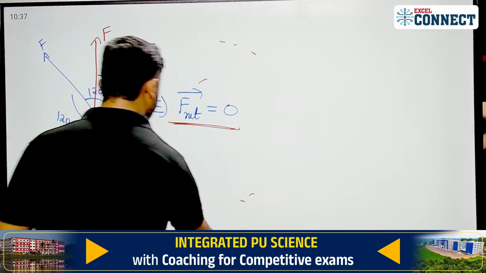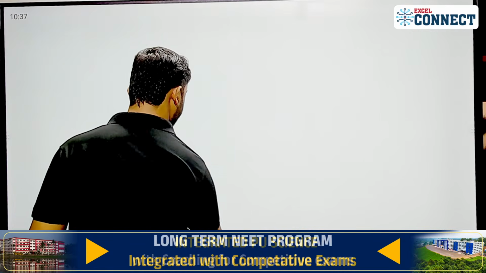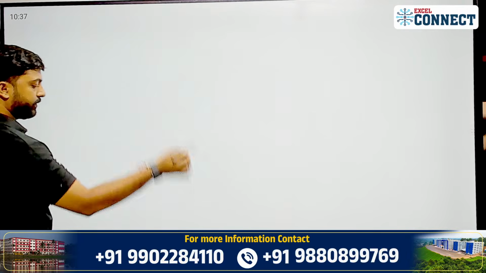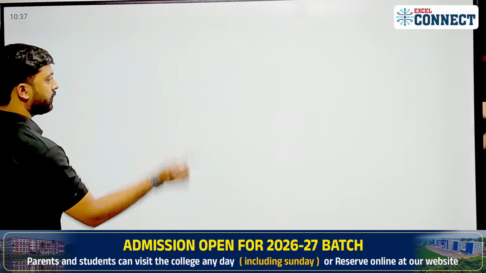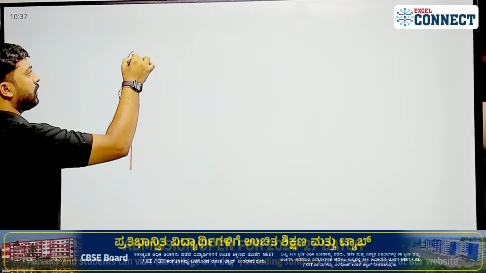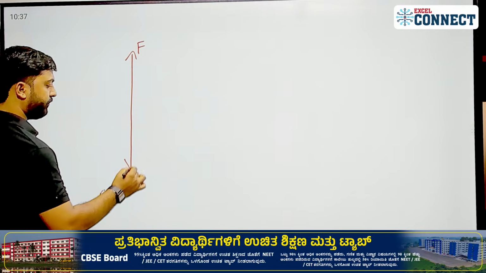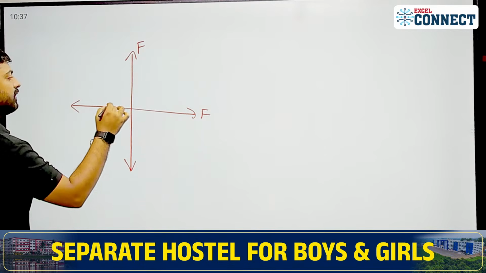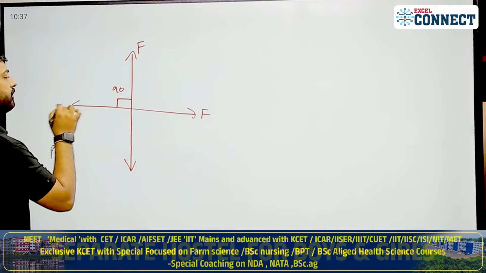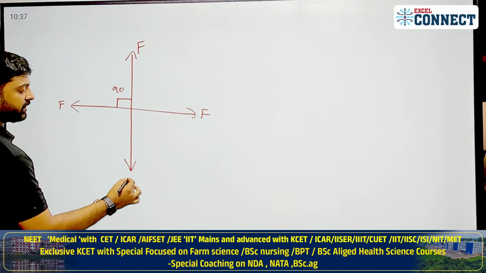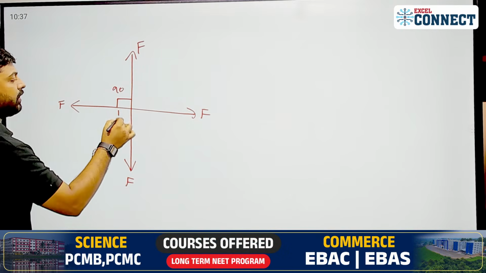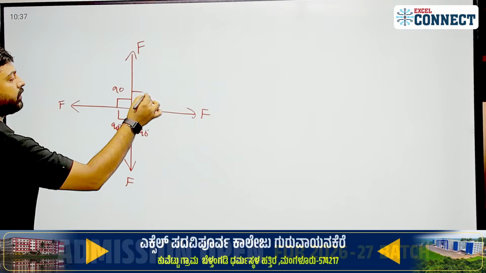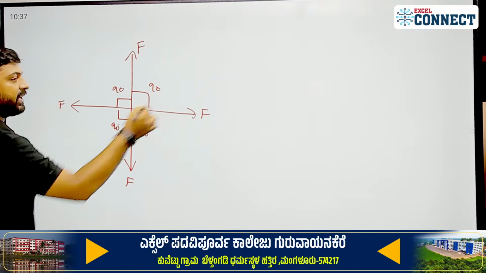Yes. So in a similar way, if there are four forces, F and F, and we have here F and F, the angle is 90 degree here. All the forces are same, and the angle between any two forces is 90 degree.